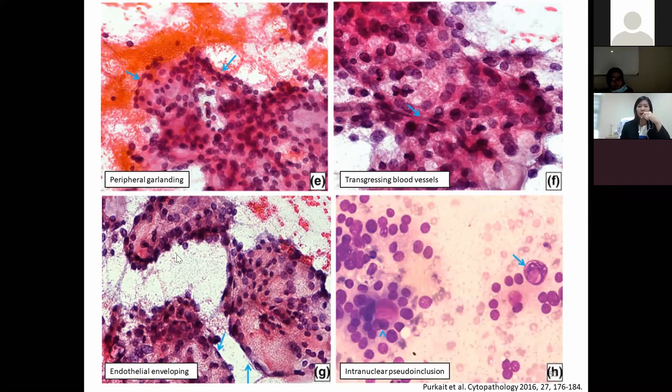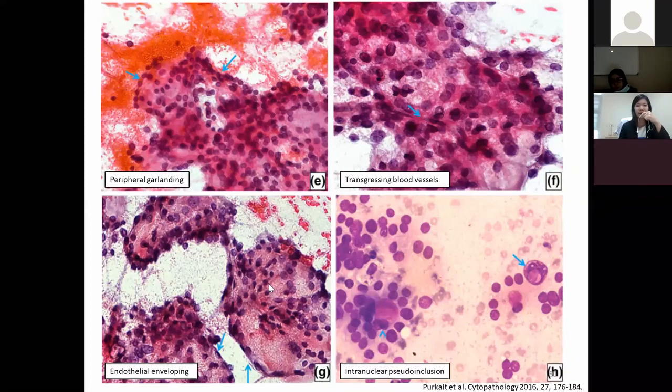And you can see endothelial enveloping in some cases. Occasionally you can appreciate intranuclear pseudo-inclusions, where they mimic medullary thyroid carcinoma. They may mimic PTC.